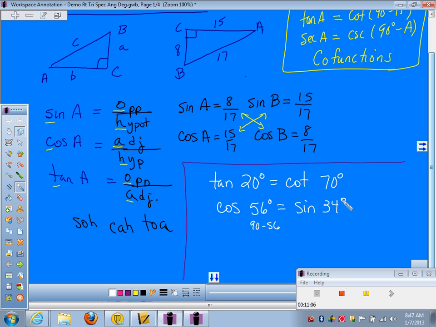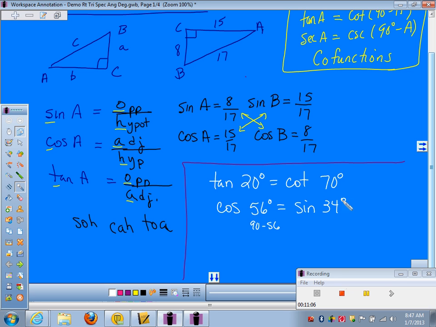If you punch in cosine of 56 in your calculator, hit enter, punch in sine of 34 and hit enter, you will get the exact same numbers. Some iffy decimal, but they'll be the exact same value. So that's just handy information to sometimes know. Sometimes it can bail us out of trouble when we need to know something.